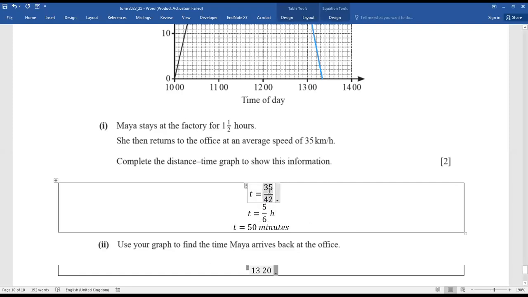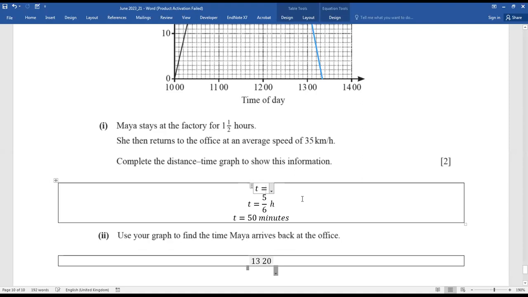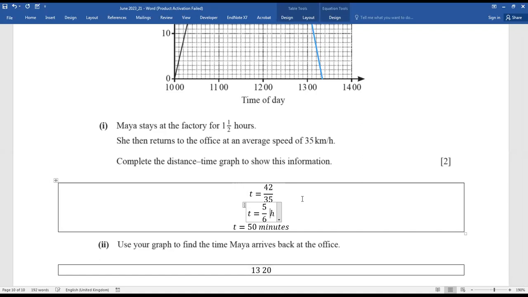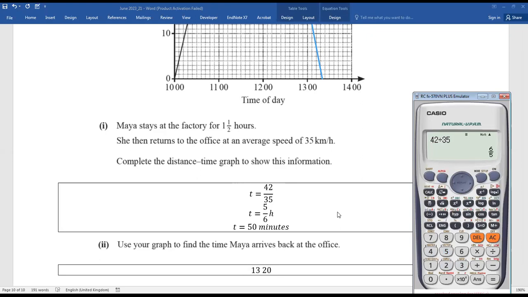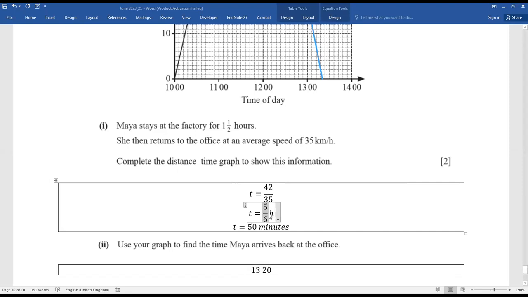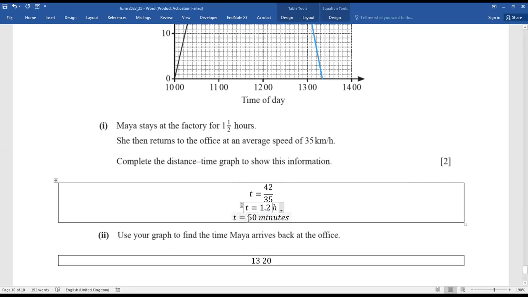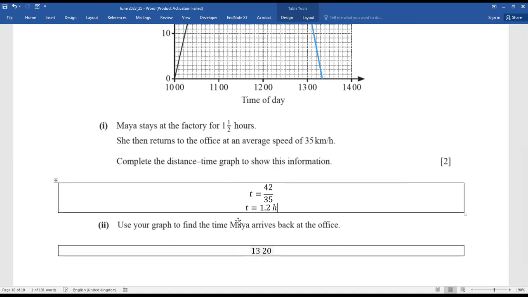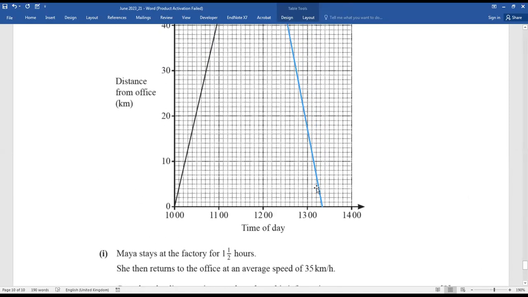Maybe, yes, I just took this wrong. Time is distance upon speed. Distance was 42 and time was 35. So this will come 42 out of 35, which is 6/5 or 1.2 hours, which is 1 hour and 12 minutes.